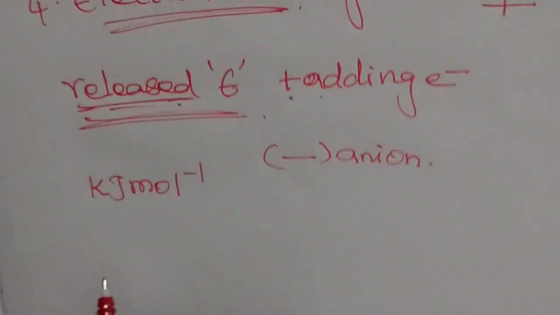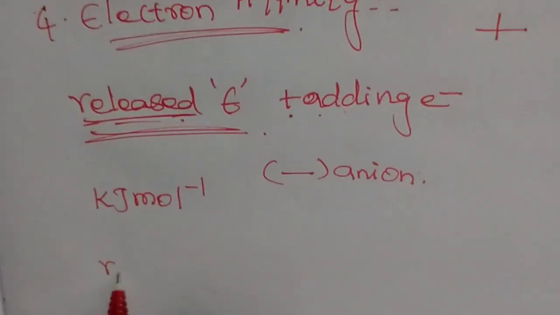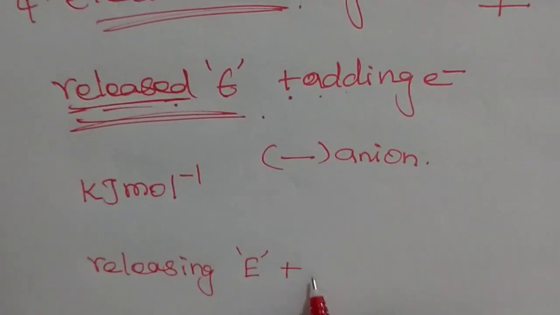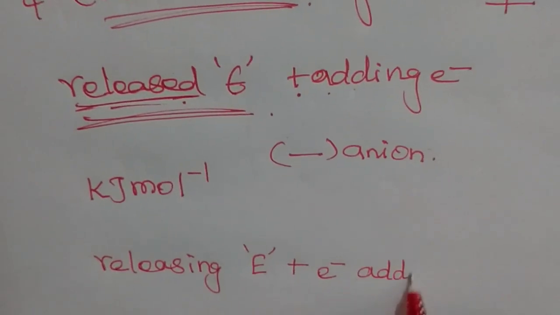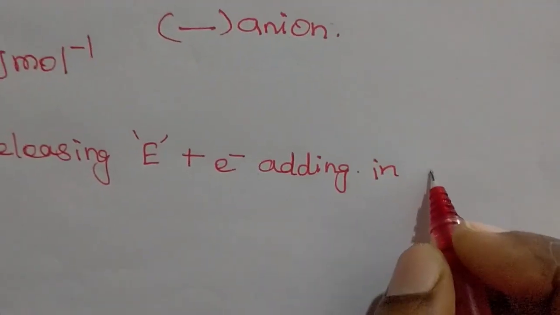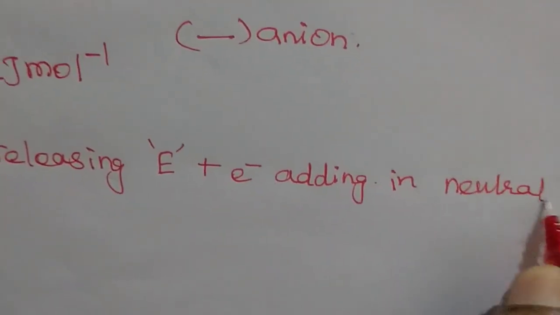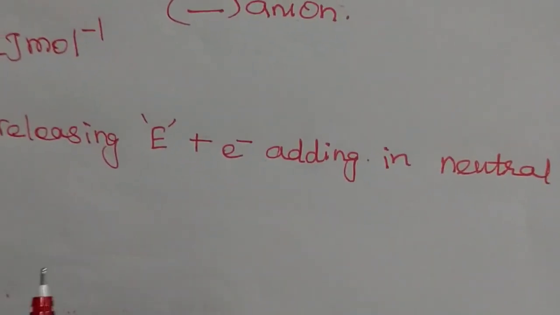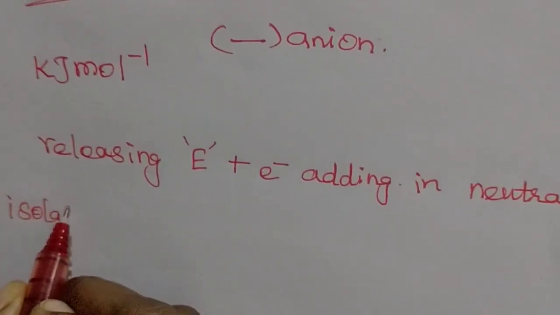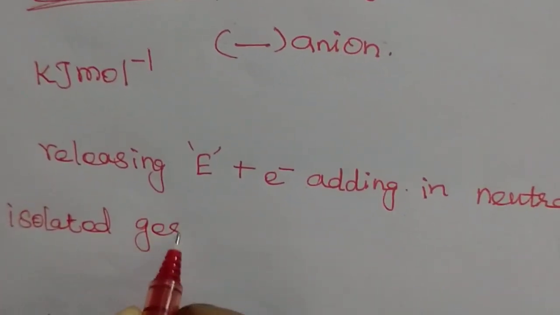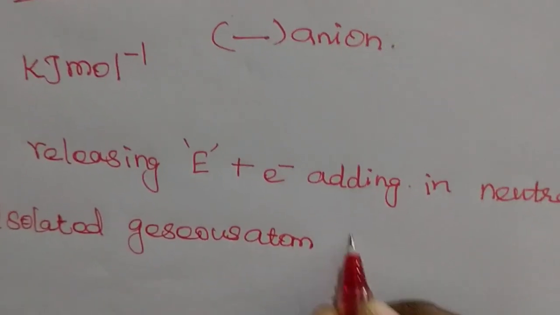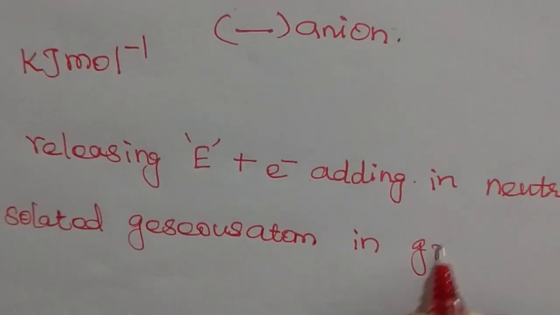Okay, so now you see this one: energy is released with the addition of an electron to a neutral, isolated, gaseous atom in the ground state to form anions.